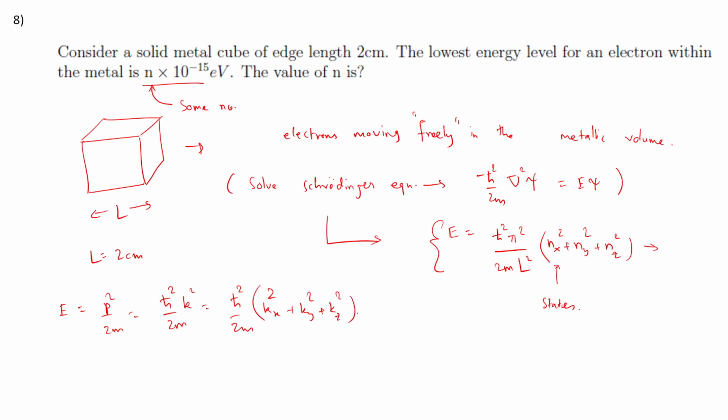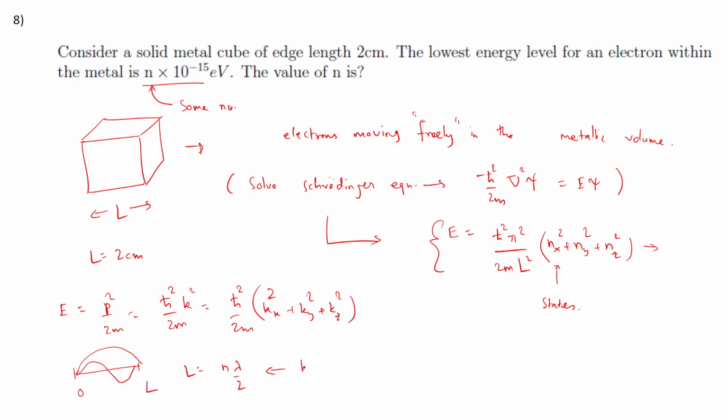Now we had discussed that for free electrons in a length L along one particular direction, it will have states like this. So basically L equal to n times lambda by 2, like integral multiples of half integers.